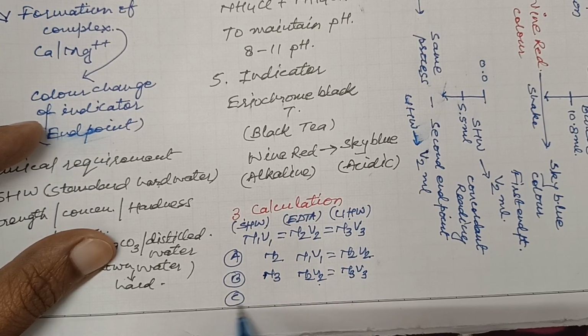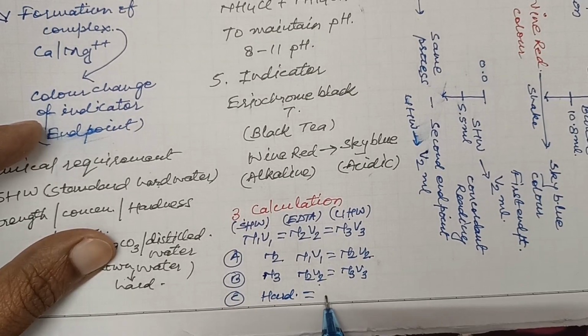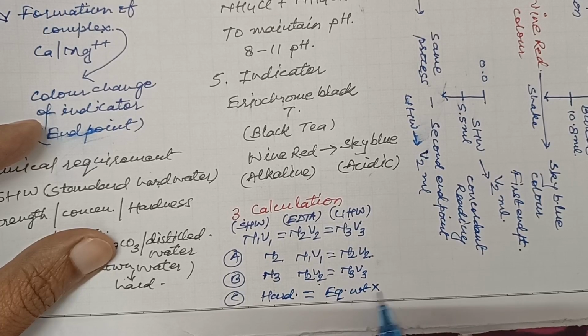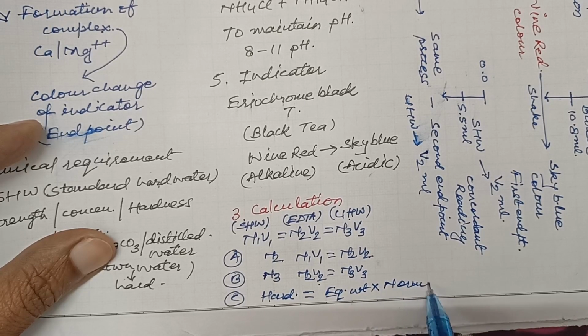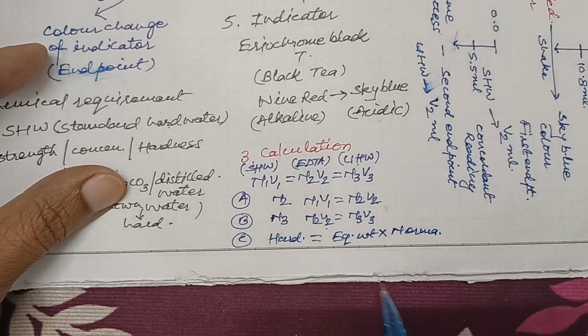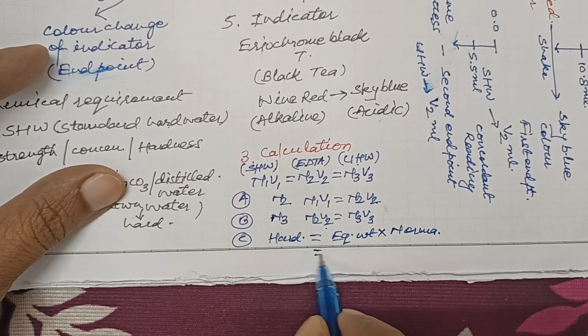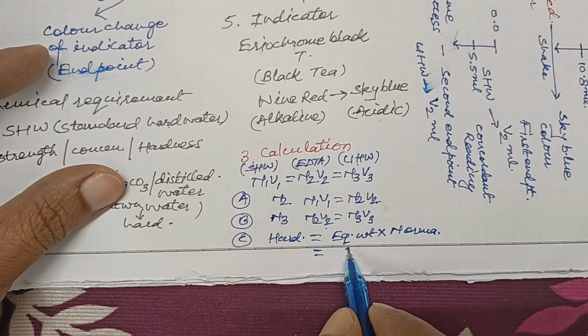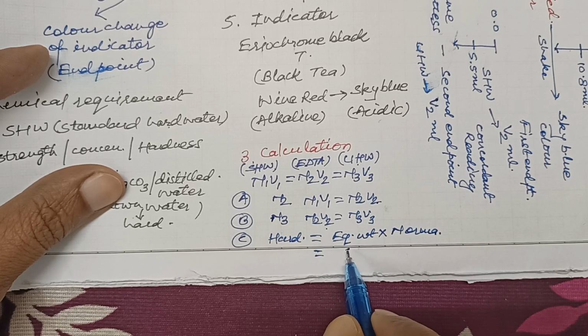In the third step, we get the hardness equals equivalent weight multiplied by normality. Equivalent weight in terms of calcium carbonate, because we always calculate the hardness in terms of calcium carbonate equivalent.